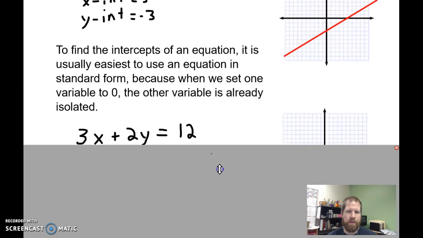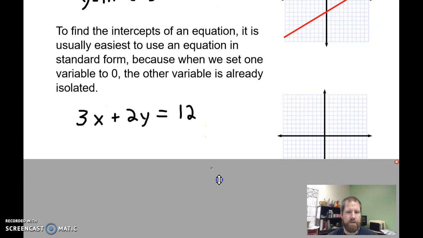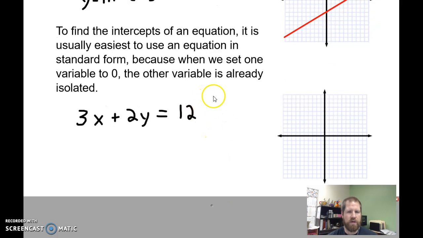All right, but that was a case where we were given the intercepts. Most of the time we're going to have to find the intercepts. So we're going to use standard form, and we're going to use the fact that for my y-intercept, my x is 0, and for my x-intercept, my y is 0, to make it easy and straightforward to find those values. So if I put in 0 for y, 2 times 0 is always going to be 0.